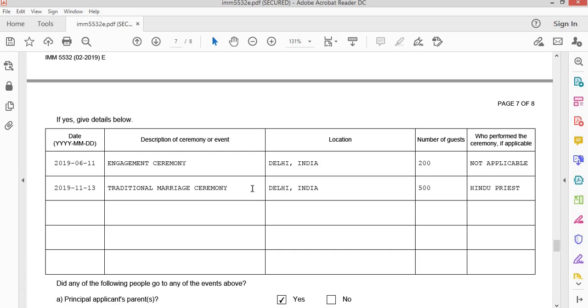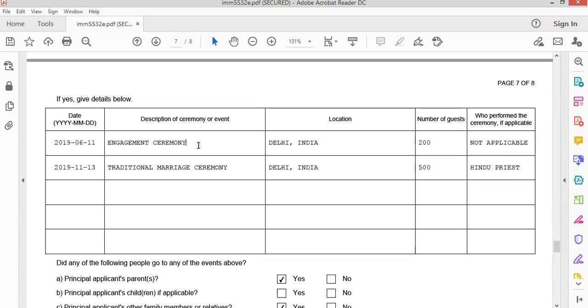For example, in the traditional Indian marriages, the marriage is performed by the Hindu priest, so you can mention that here. If you only had an engagement and a marriage afterwards, you can mention it like that. If you had a ruka ceremony, sangeet and other details, you can also mention those details in here.